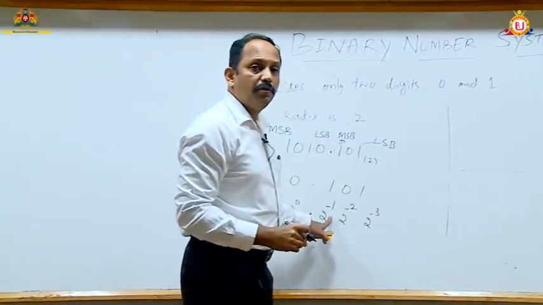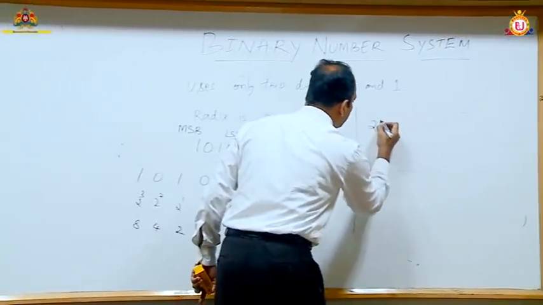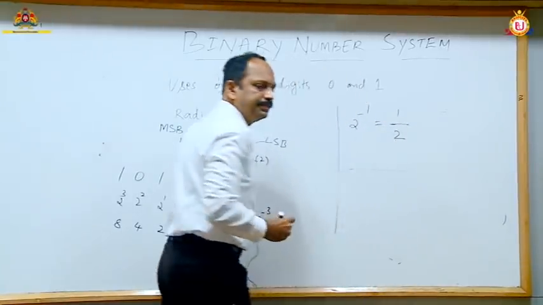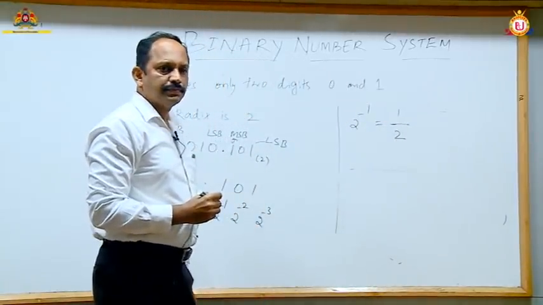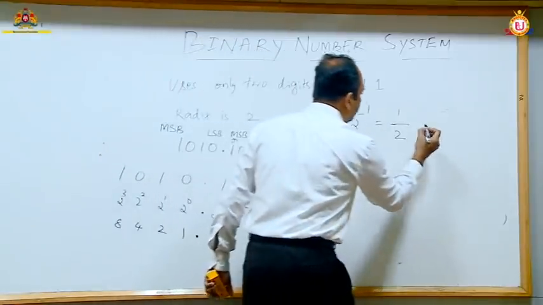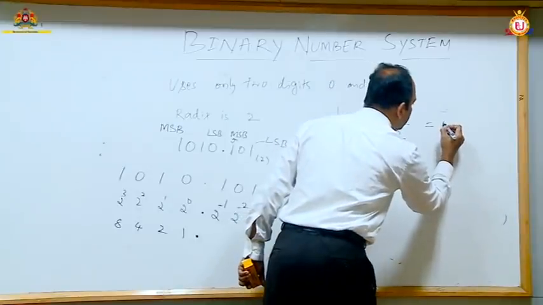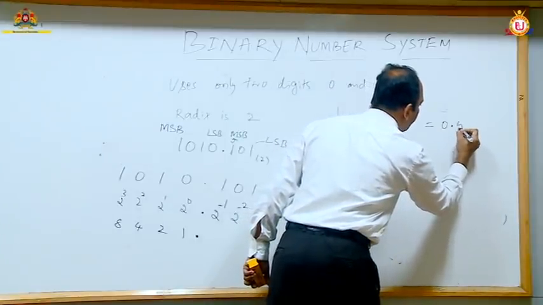See, 2 to the power of minus 1 means 1 divided by 2. What is 1 divided by 2? It is 0.5.